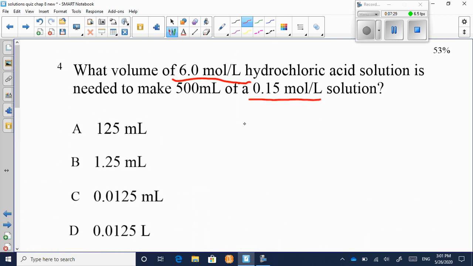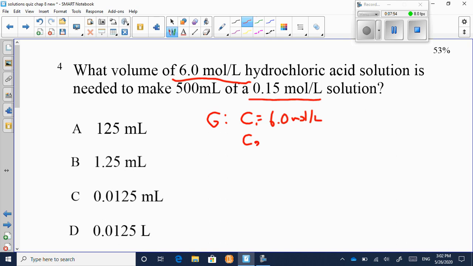So here we go. Here I'll do the givens again for this one. It says 6 mole per liter, so that's a concentration. So C is equal to 6.0 moles per liter. And I know that's a C1 because it's a concentrated value compared to the other one.